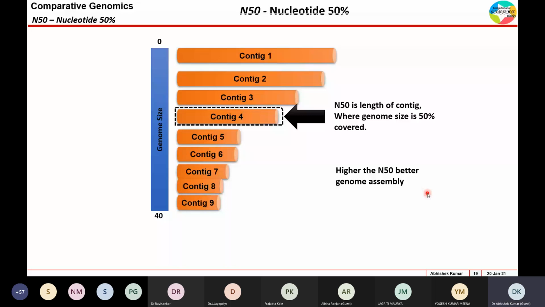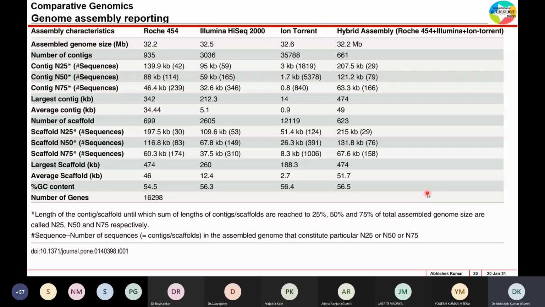Given that, let's go to the next level. Here in one of our papers, we used genome assembly reporting from Roche 454, Illumina, Ion Torrent, and then we made a hybrid of all.